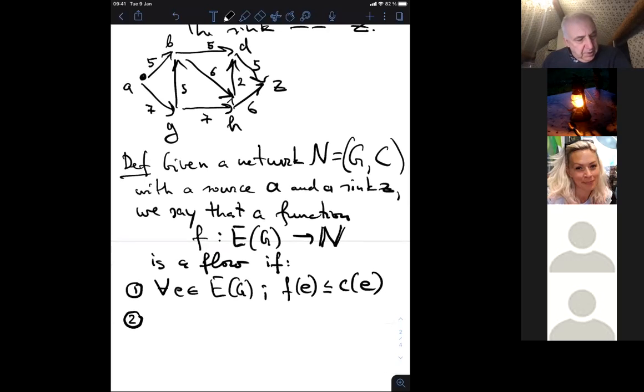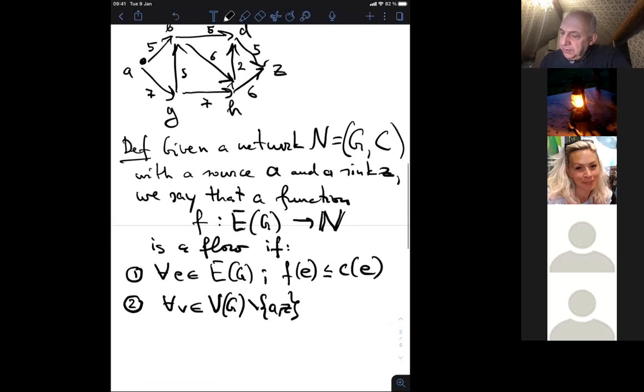Okay. And then for any vertex V, which is not the sink and not the source, the amount of flow coming in should be equal to the amount of flow coming out.